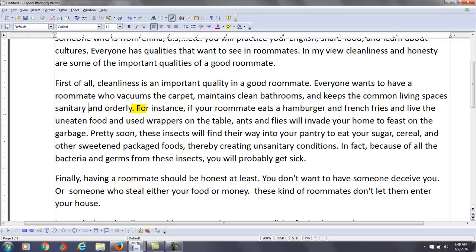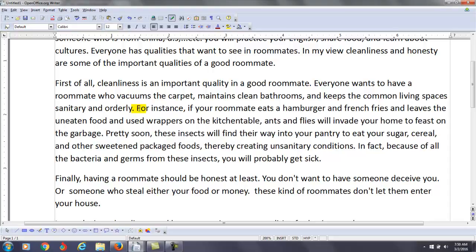Then I say, for example, or for instance, if your roommate eats a hamburger and French fries, and leaves the uneaten food and used wrappers on the table, ants and flies will invade your home to feast on the garbage. Pretty soon, these insects will find their way into your pantry to eat your sugar, cereal, and other sweetened packaged foods, thereby creating unsanitary conditions.